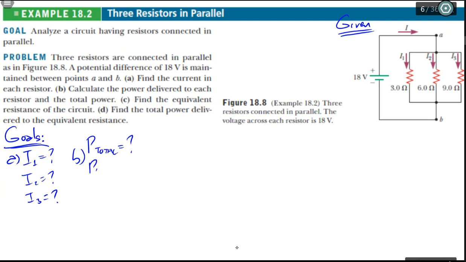And so find the power used up by resistor 1, that by resistor 2, that by resistor 3.